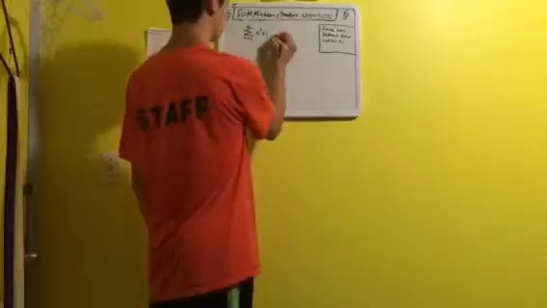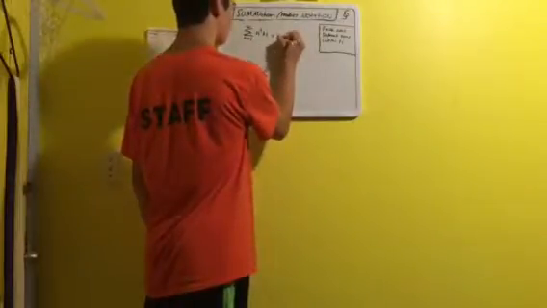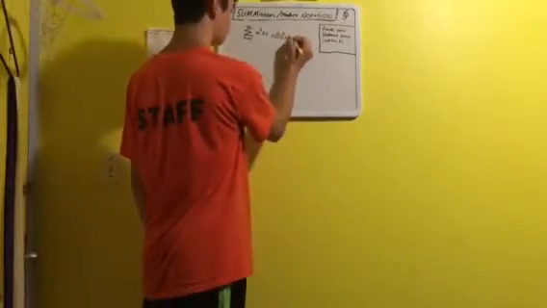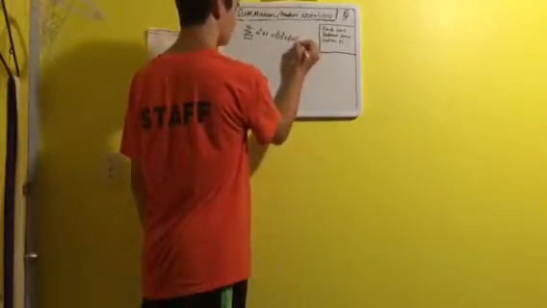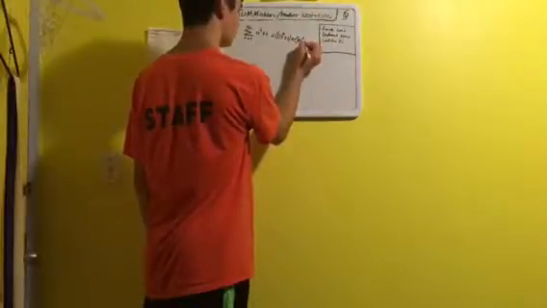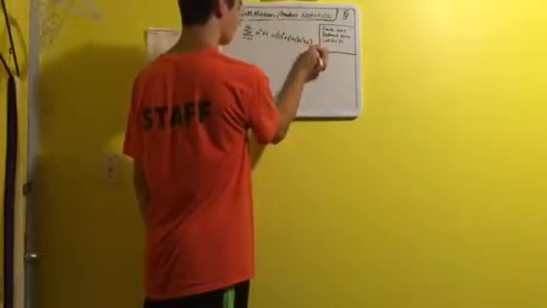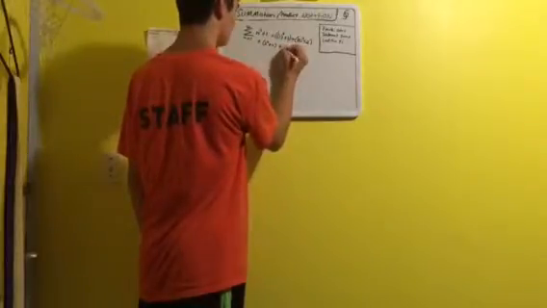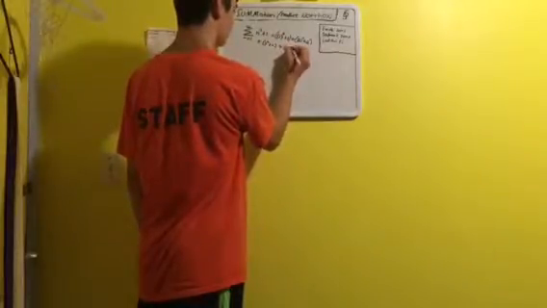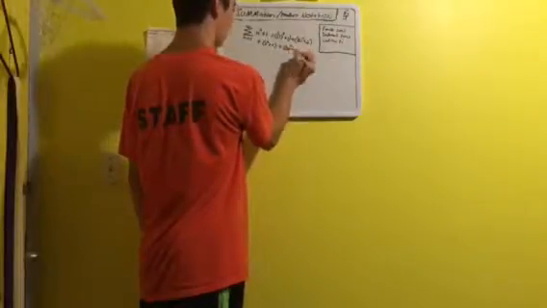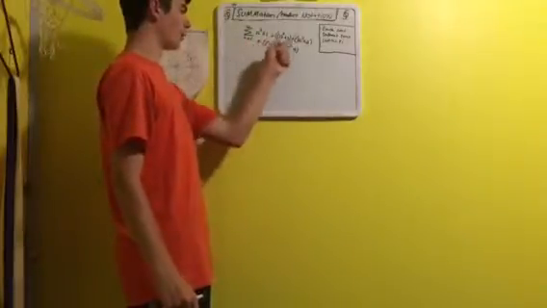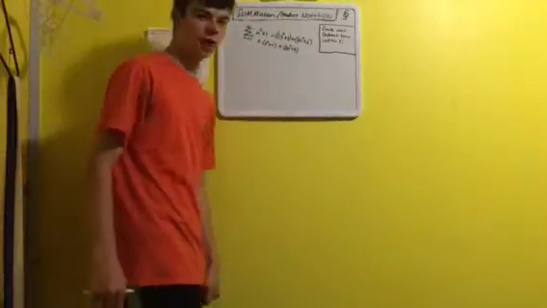Well, the first thing we would do is we'd substitute our first bound in, then add the second bound, then add the third bound, and then add the fourth and last bound in this case. So what we're doing is we're substituting in the lower bound until we hit the upper bound.